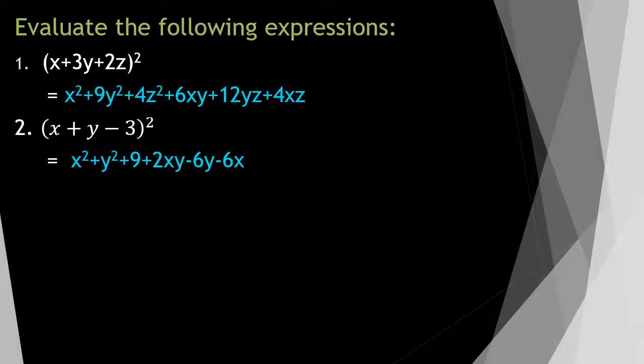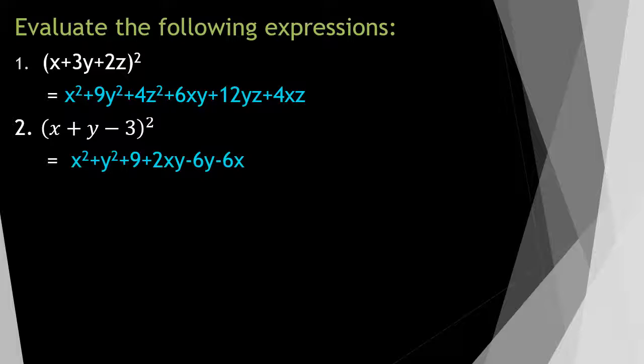Starting with x squared, why is it x squared? Because we squared the first term, which is x, added to the square of the second term or the middle term, which is y, we get y squared, plus the square of the last term, which is 3, we get 9. If you're wondering why it is positive 9, negative 3 raised to the power of 2, or negative 3 squared, is just equal to positive 9.